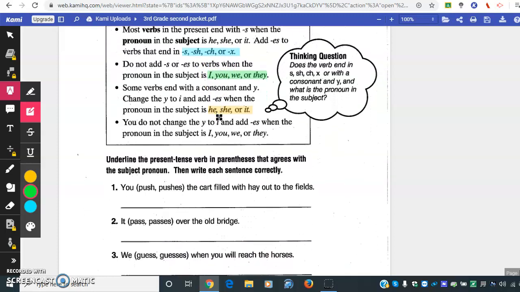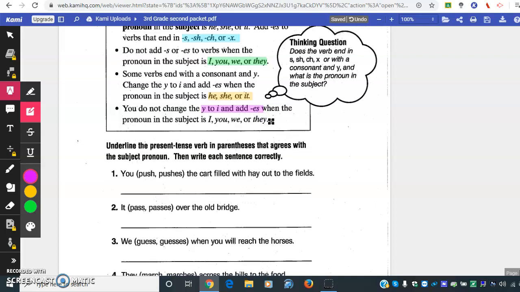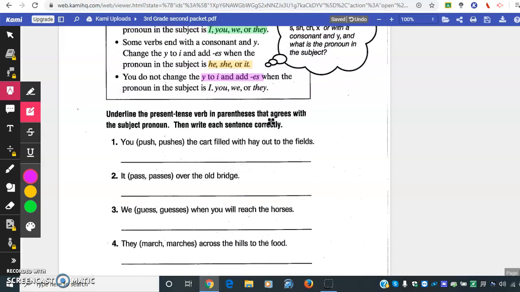There's a third rule where we have to change the Y to an I and add ES, which they've brought up, and yet there's nothing on this practice page that actually does that. So there are times when, if the verb ends with a Y, you change the Y to an I, and then you add ES. But there are no examples of that in the work that we have to do today.